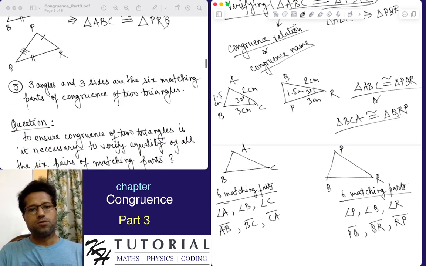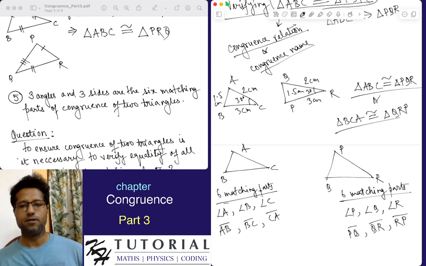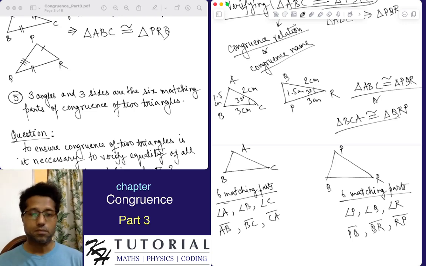Okay. So point number 5 says that three angles and three sides are the 6 matching parts of congruence of two triangles, which means that when we discuss congruence of two triangles, we ultimately compare the three angles of one triangle with the three angles of the other triangle, and we compare the lengths of the three sides of one triangle with the lengths of the three sides of the other triangle.